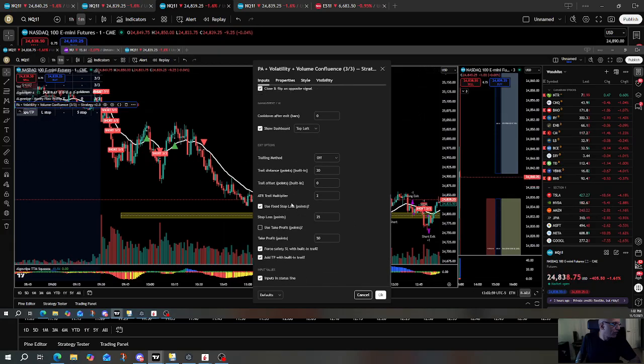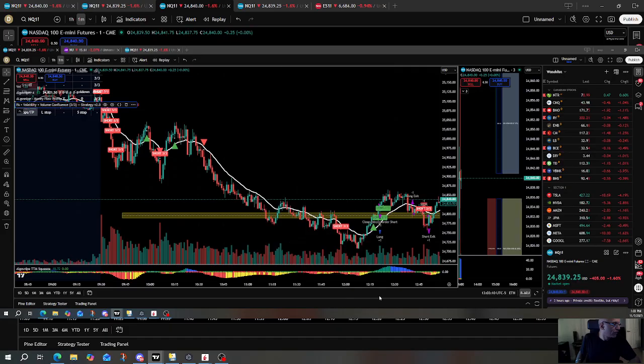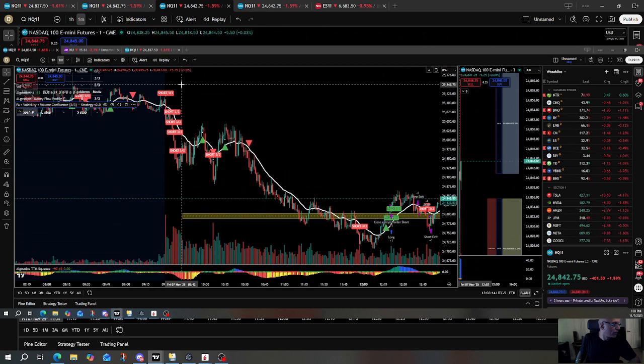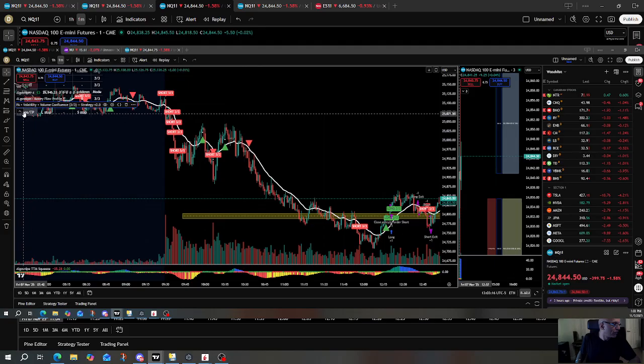Okay. So everything will be set up pretty much like this. It will be much like that. Okay. So I will have that set up for you as well. It's a very simple indicator, really. But it works really well if you lay it on top of the old.